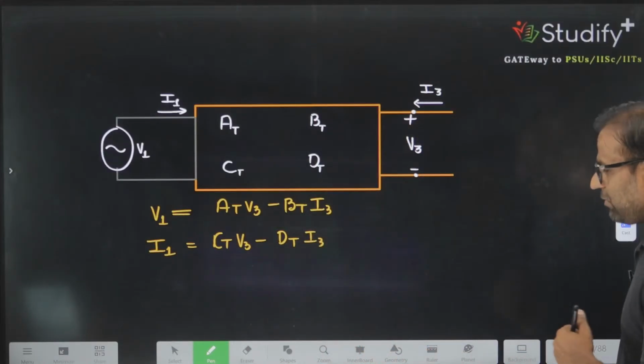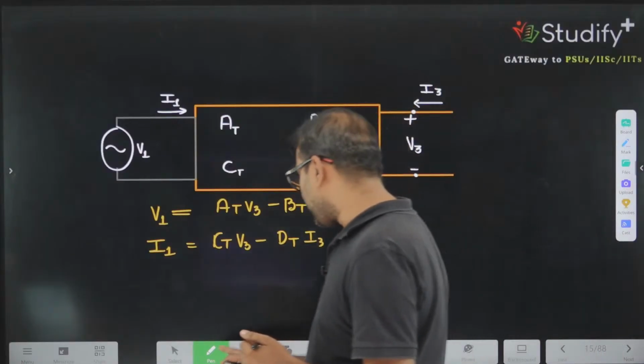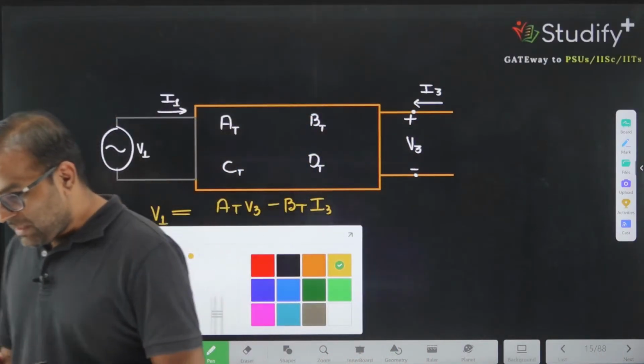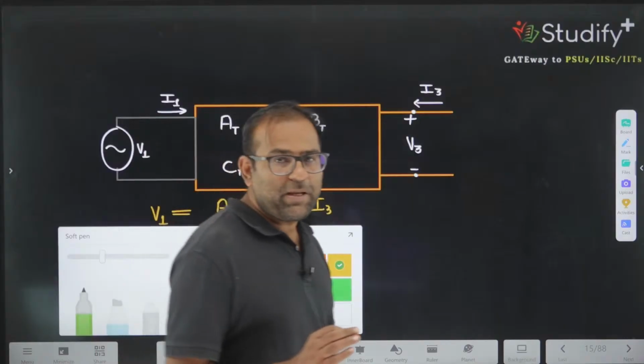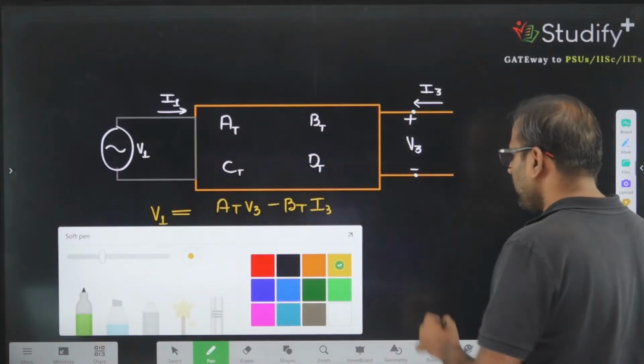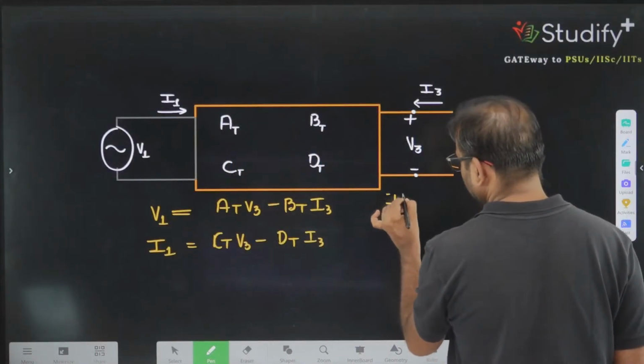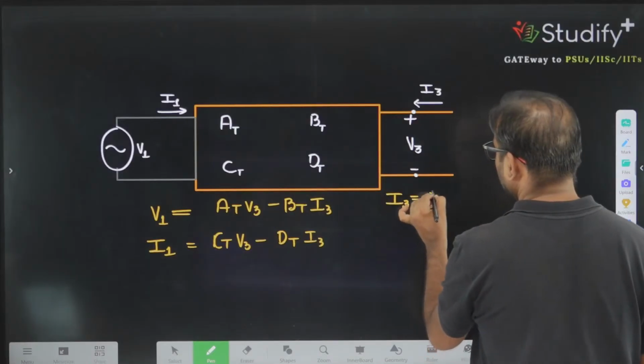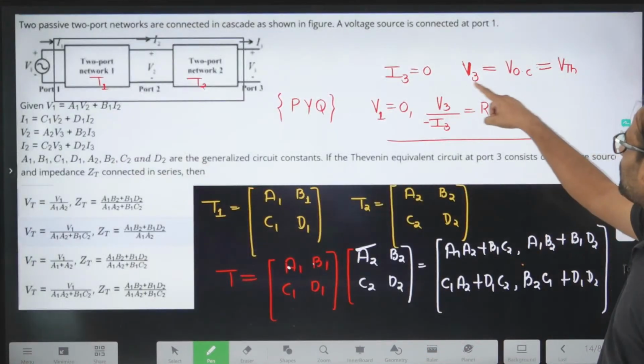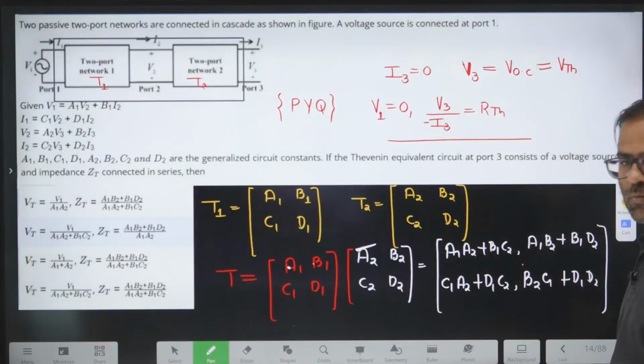What is the idea of Thevenin's equivalent? The idea is very simple. Just replace I3 by 0. If you make I3 equal to 0, V3 will be the open circuited voltage.